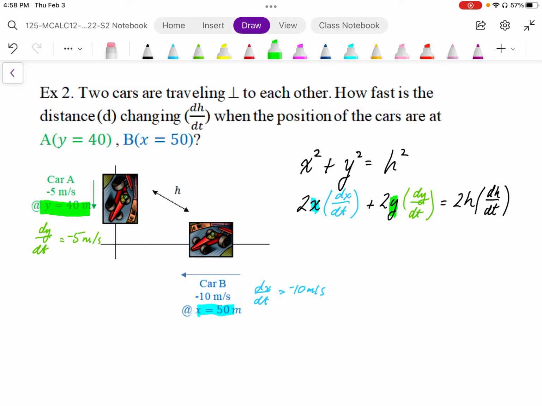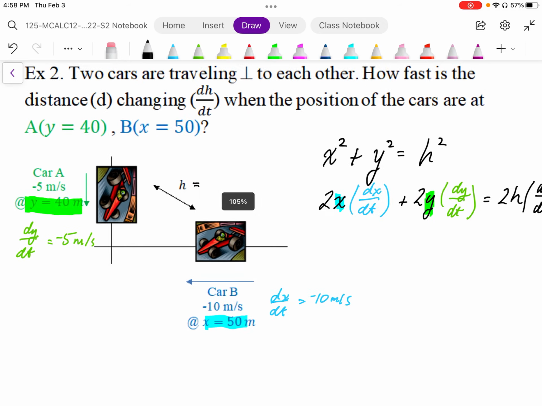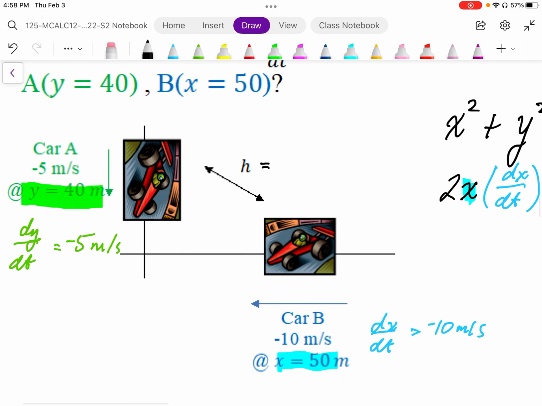However, because I know the position of y and x, I can just use Pythagoras and calculate the value of h. So if it's 40 meters vertically and 50 meters horizontally, I just use Pythagoras. So I'm going to do 4 squared plus 5 squared is 41, square root 41, and because it's 10 times bigger, I'm just going to multiply that by 10.